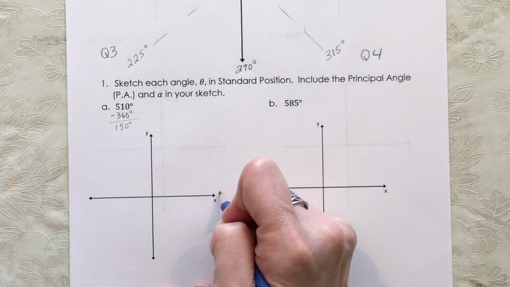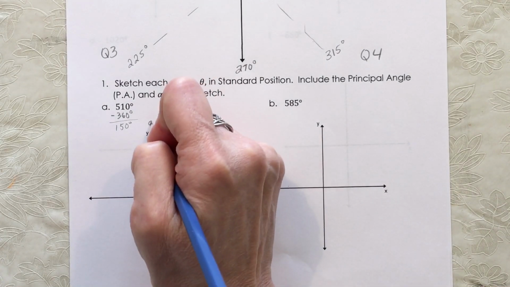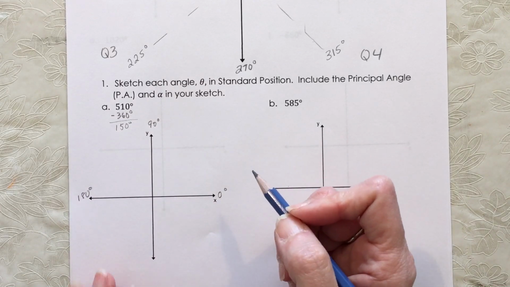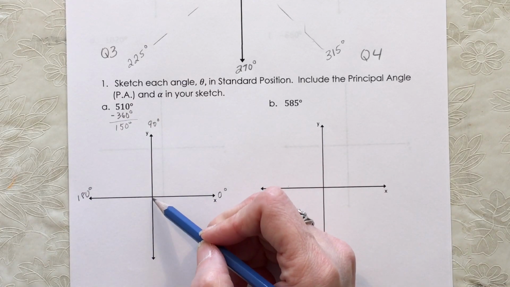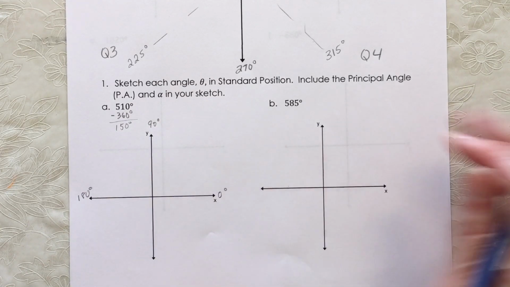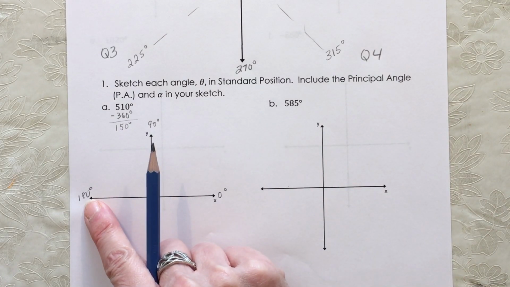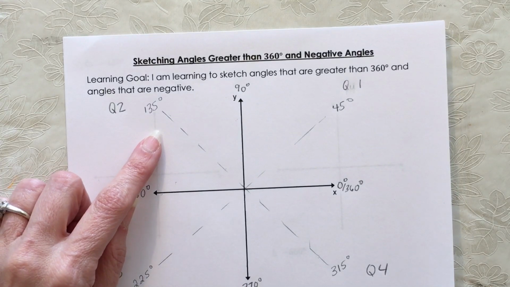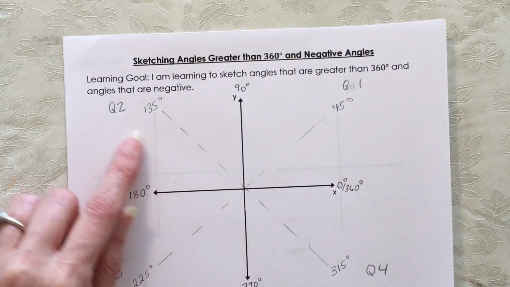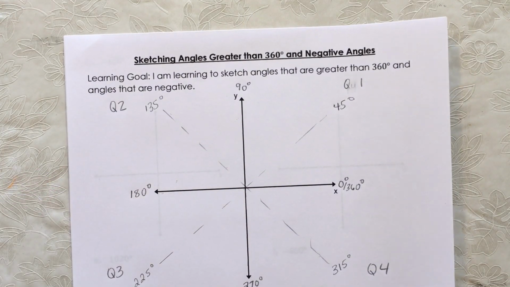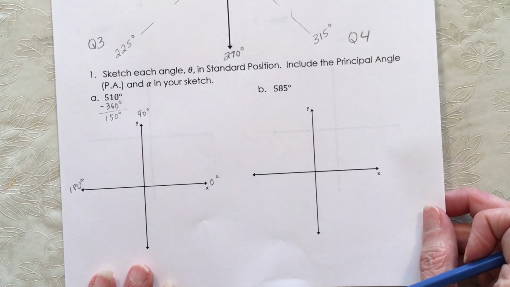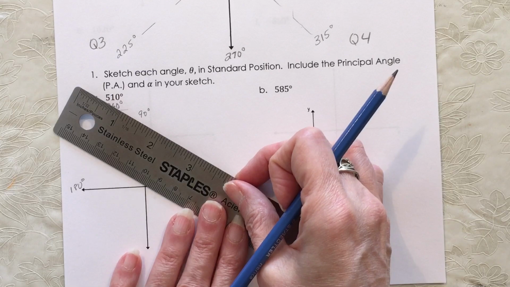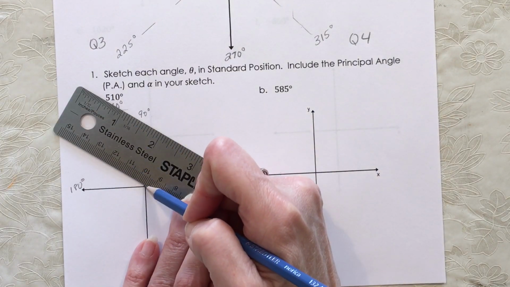And we know, based on what we were just talking about, that 150 is going to be in quadrant 2, and it's going to be closer to the x-axis than the y, because 150 is closer to 180. Or you can think of, if we have our benchmarks here, it's greater than 135, so it's going to be below the 135. Okay, so we're going to draw in our terminal arm closer to the x-axis in the second quadrant.